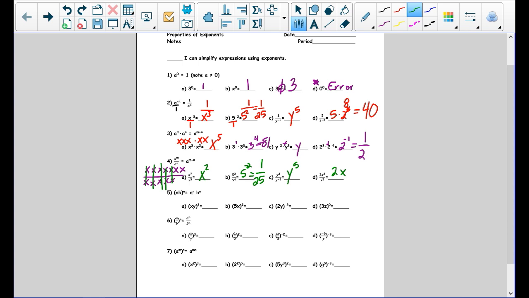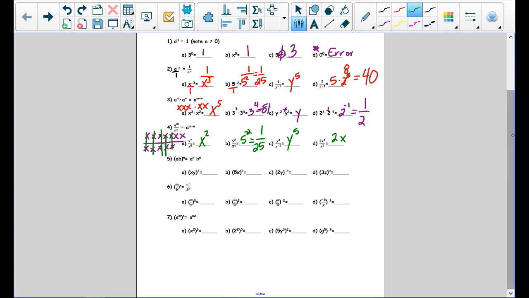Alright, number 5, rule 5 here. So again, the exponent acts directly on what's in front of it. So in this case, it's the set of parentheses. Okay, so here I have xy in parentheses to the 3rd. So I have three sets of parentheses, 1, 2, 3. What's in each one?